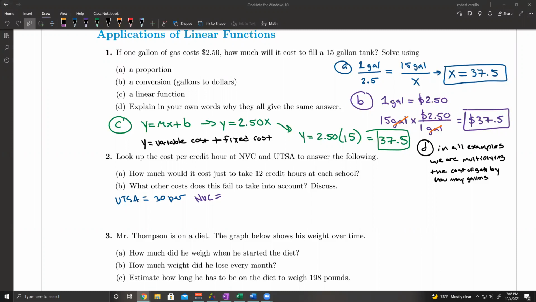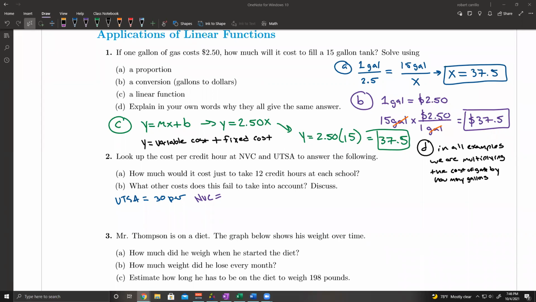Let me text them. Charge per credit hour.